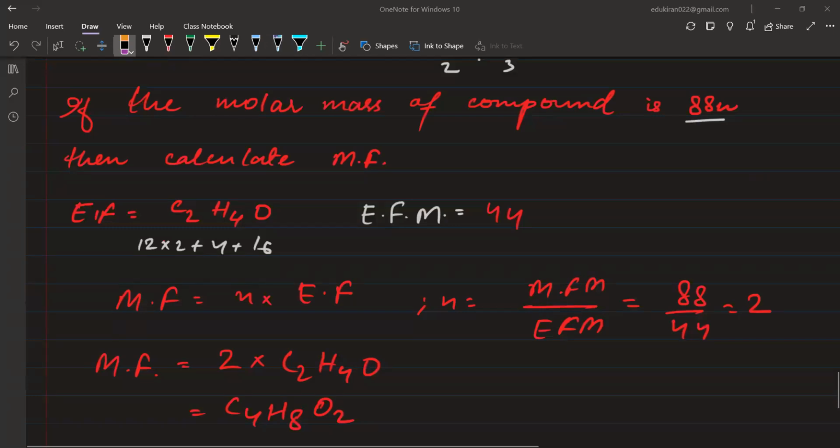चलिए प्लीज राइट दिस डाउन, those who have not written. So what's the final answer? The final answer is C4H8O2.